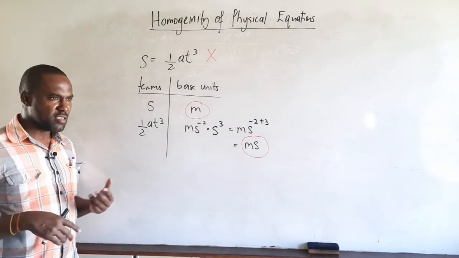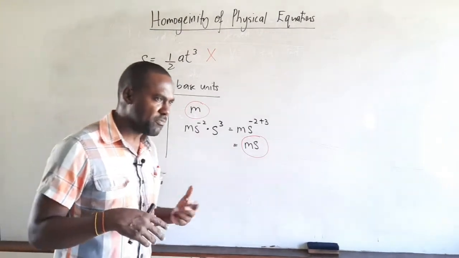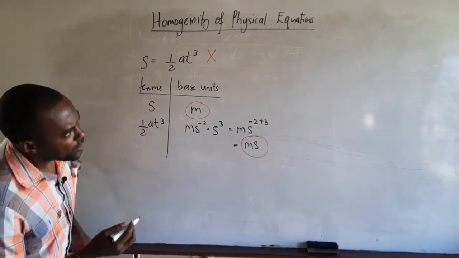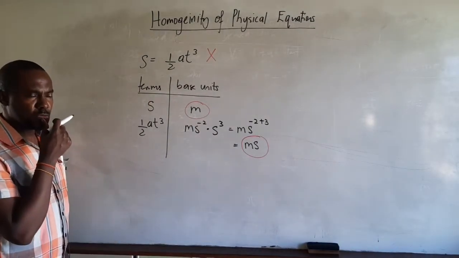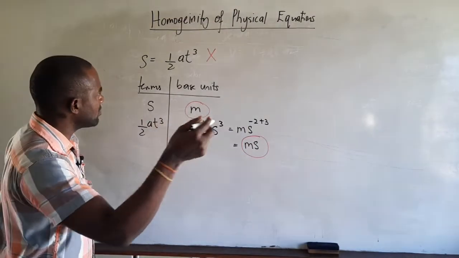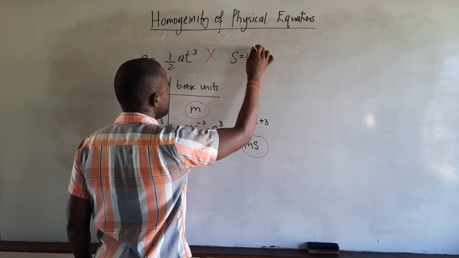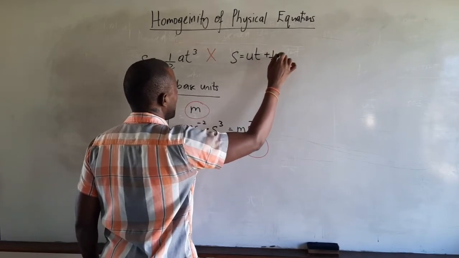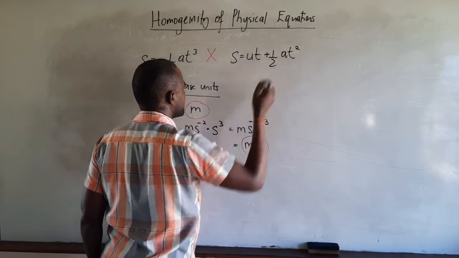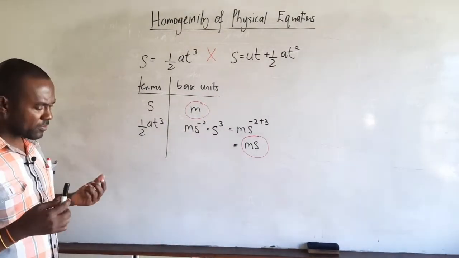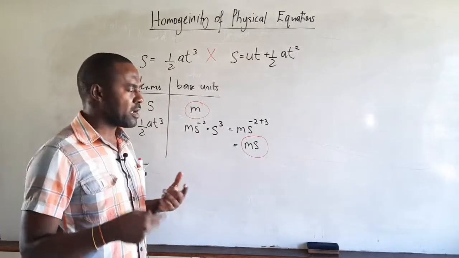But because this is an equation with which we have some familiarity, the correct form of the equation is actually equation 2 that we looked at earlier, which is s equals ut plus a half at squared, right? So because we know this equation from before, we can identify exactly where the error occurred.